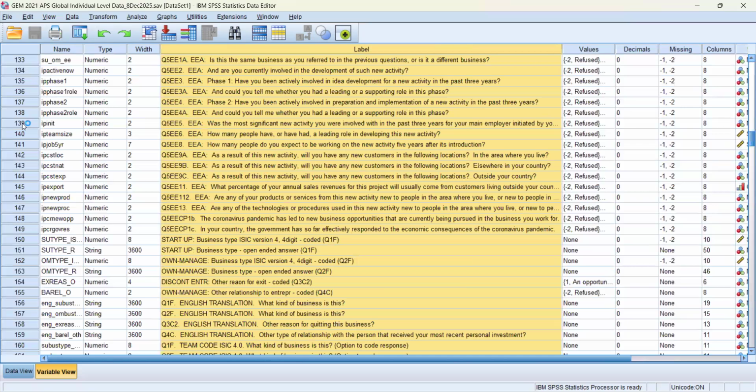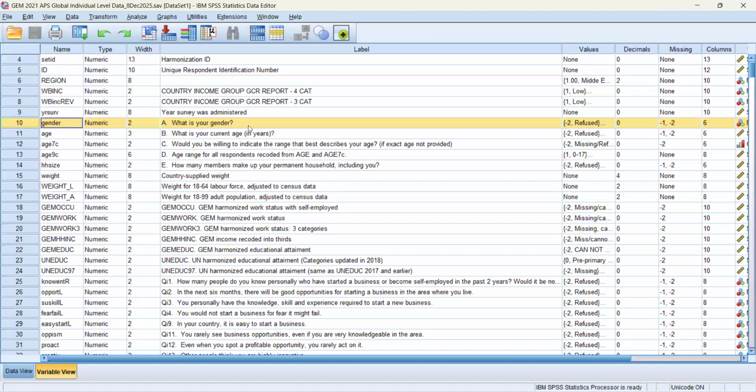So you see they have a question here. What is your gender? So this question states the gender of the respondent. What is your current age? Would you be willing to indicate the range that best describes your age? Maybe some people don't want to state their exact age, so they use the range.